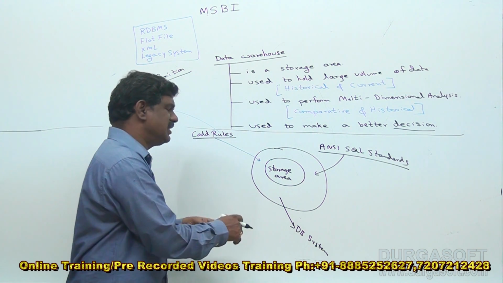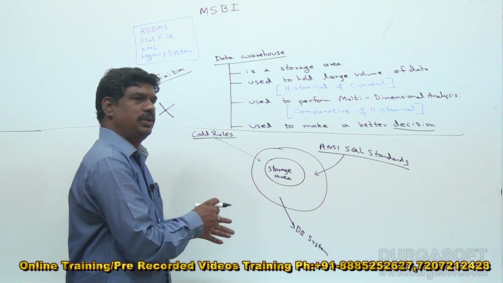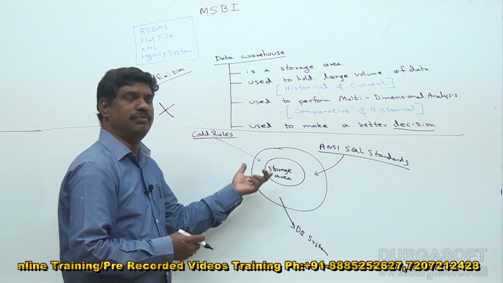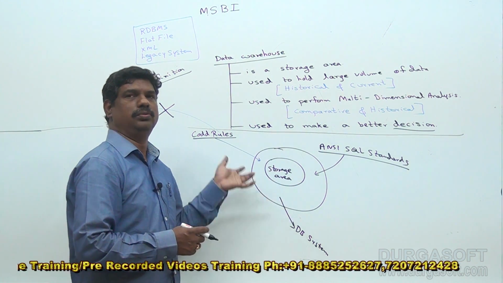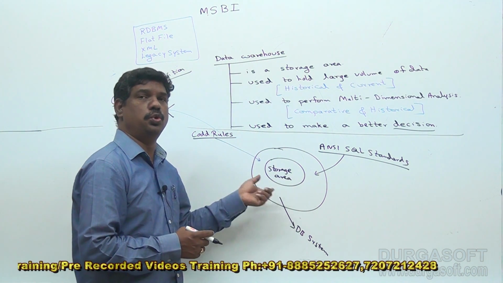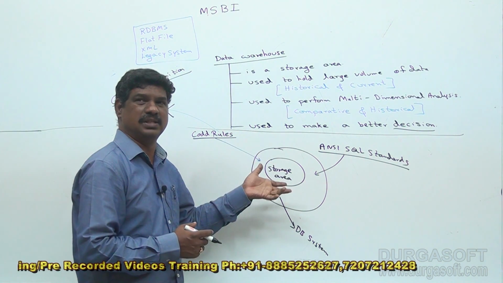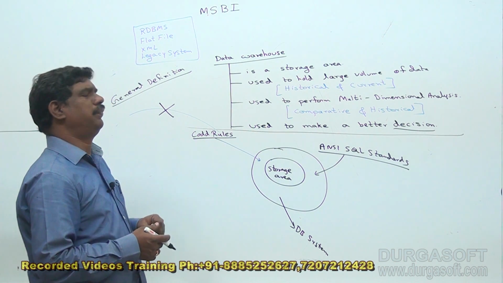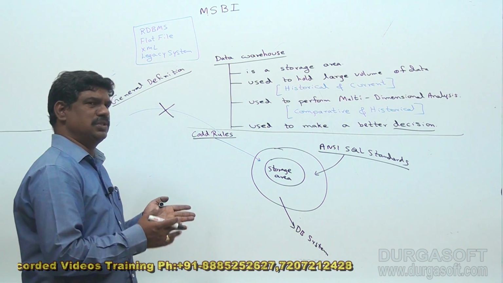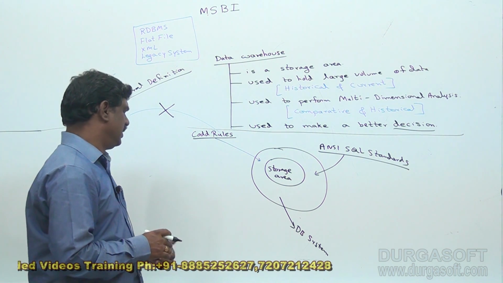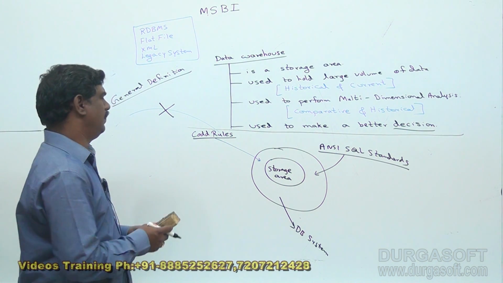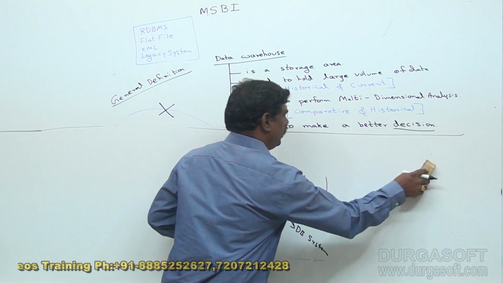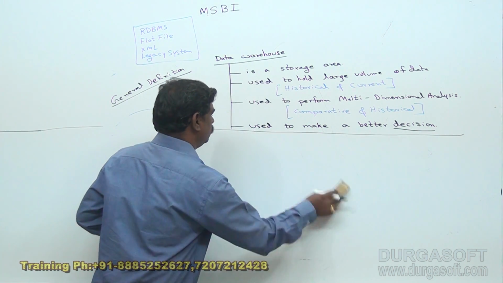By showing this, what I am trying to say is a database is a system which explains how to store the data or how to organize the data with some sort of specifications. The reason for moving to this type of thing is better accessibility. In the same way, data warehouse also.